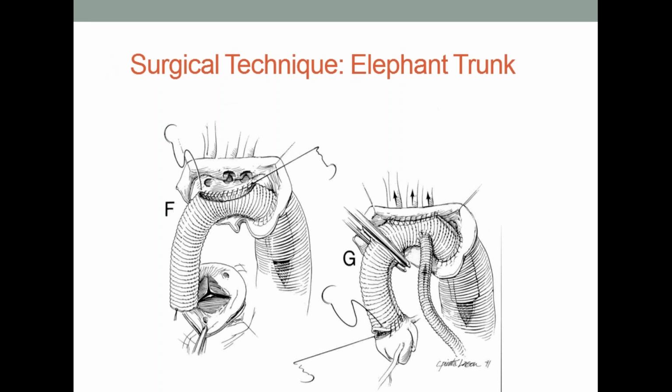But the other technique that we use to address aneurysmal disease is an elephant trunk. I know people have seen us do it, but people don't understand the concept. What it is essentially is dealing with an ascending aorta and a descending aortic aneurysm at the same time.